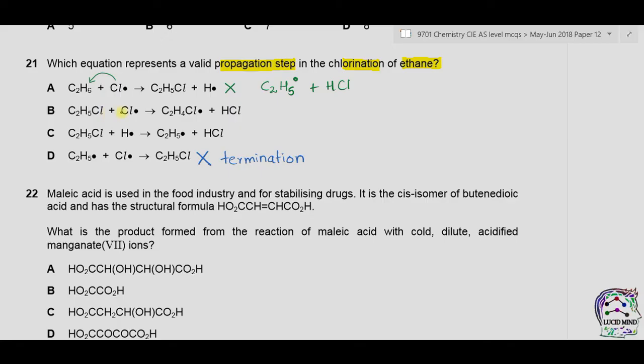In part B, we can see that chlorine radical is present, so it will take one hydrogen atom to form HCl and the rest of the molecule converts into a radical. So B seems to be correct. Part C, we can see that C2H5Cl is being attacked with hydrogen radical. Now this is not possible because in chlorination, chlorine radical is present instead of hydrogen radical. So C is incorrect. The correct answer is therefore B.